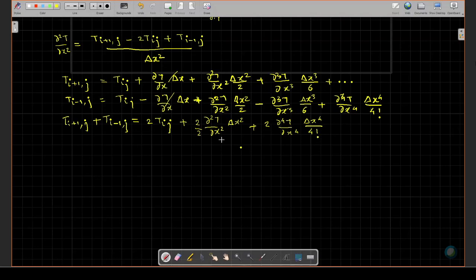Okay, if you take this term here, T i plus 1 comma j minus 2 Tij plus T i minus 1 j divided by delta x square will give you the expression for d2t dx2.